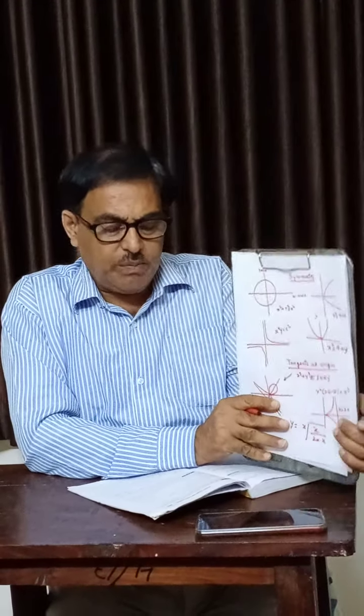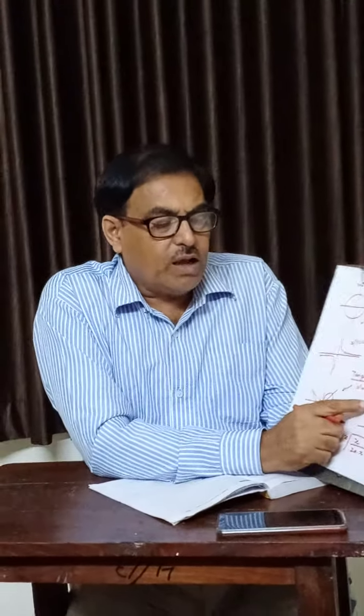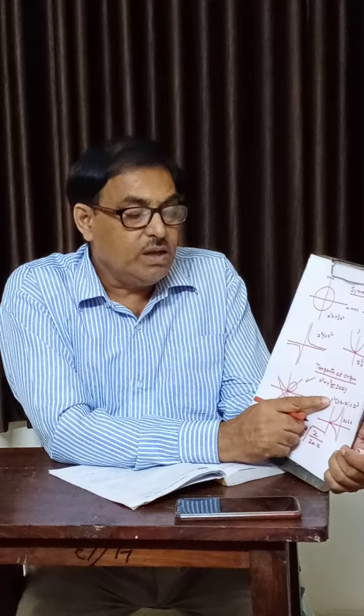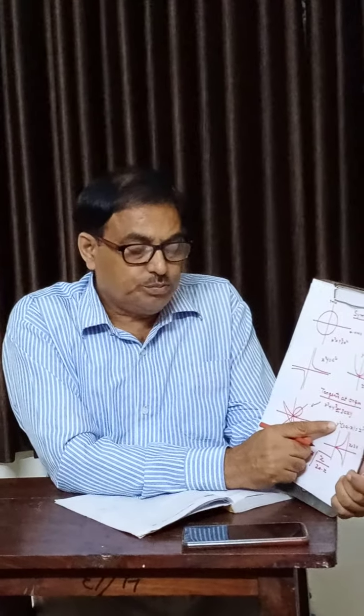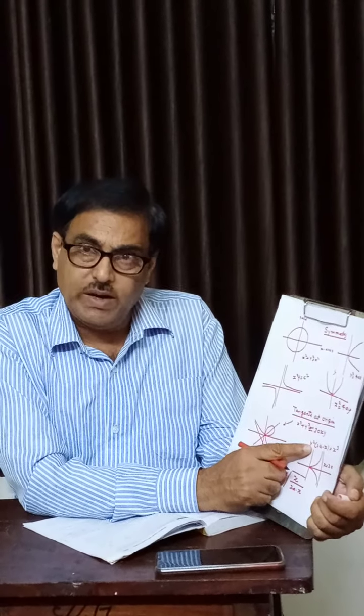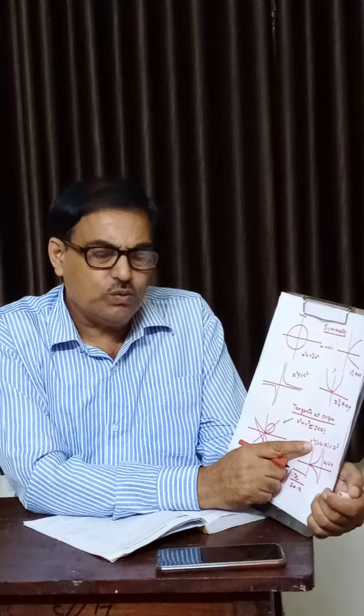In the next step, we will find the asymptote of this curve. Clearly, the asymptote parallel to the y-axis is found from the coefficient of the highest power of y squared, and its coefficient is 2a minus x, which is not equal to a constant.